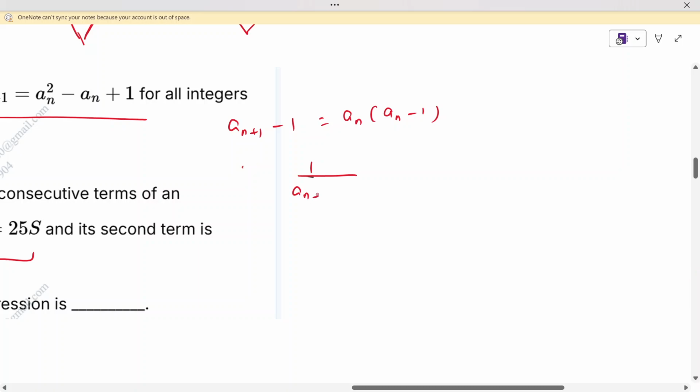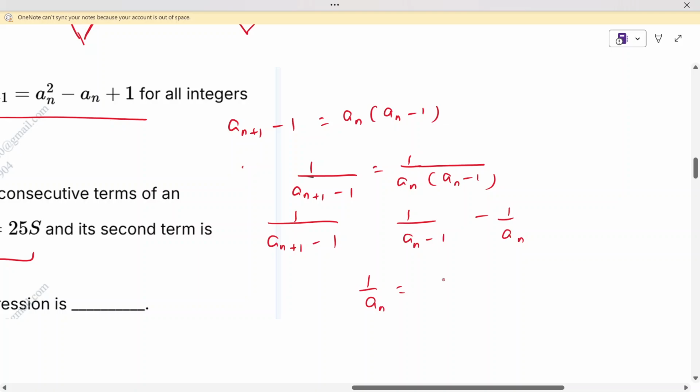So 1 by An plus 1 minus 1 equals 1 by An into An minus 1, and you can write this as 1 by An minus 1 minus 1 by An is 1 by An plus 1 minus 1. So 1 by An is equal to 1 by An minus 1 minus 1 by An plus 1 minus 1.